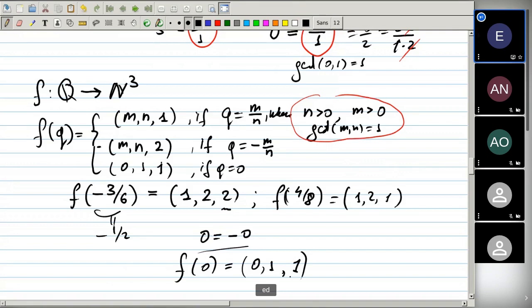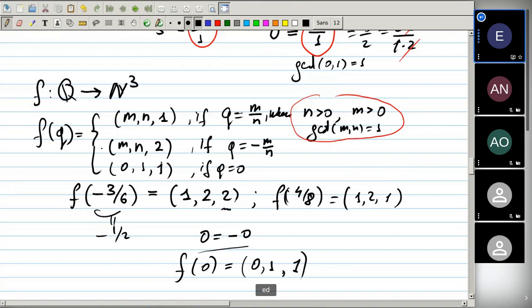So we map every rational number to a triplet. First of all, we take the irreducible fraction for this q. Then we consider the triplet whose first coordinate is the numerator of that irreducible fraction.